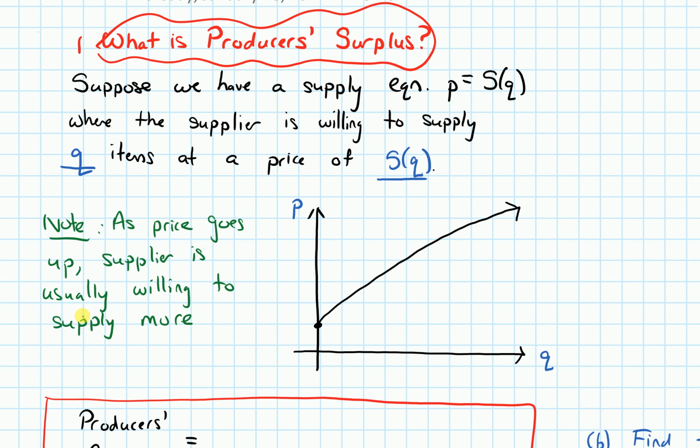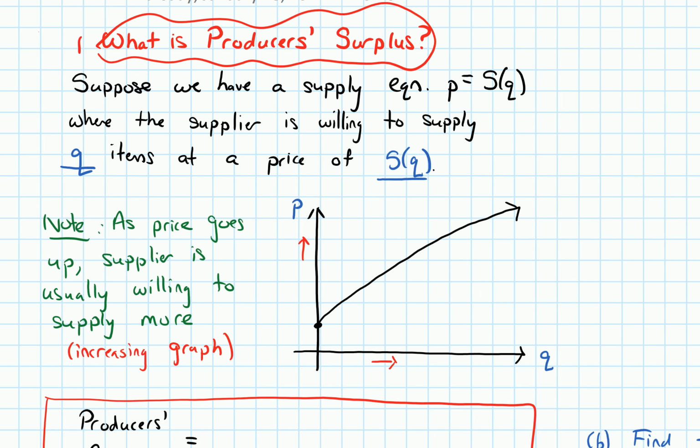I can make more money because the price that the supplier is selling it for is even higher. So it benefits them to sell more of it. That corresponds to this shape. When the price goes up, we would expect the quantity they supply to go up, which corresponds to this increasing graph shape.